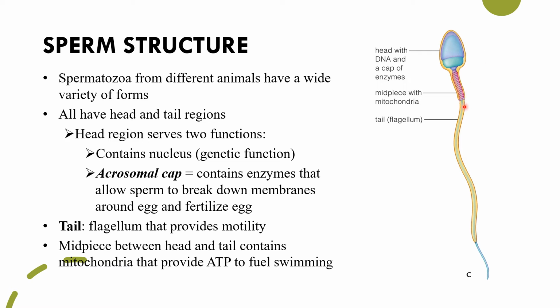The tail is the flagellum that provides motility, and the mid piece between the head and the tail contains mitochondria that provide ATP to fuel swimming. It is very important that the sperm has a lot of ATP for energy, so that it has the ability to swim to the egg.